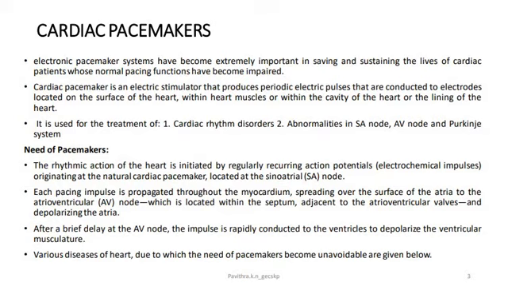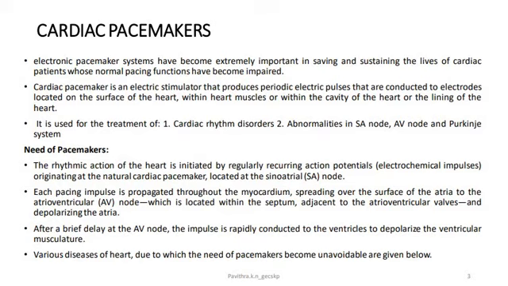Similarly, if the SA node is not functioning properly, what will happen? Usually there is a certain rate at which the SA node generates pulses. What happens if this rate is disturbed? Then also the rate of pumping of the heart will get varied. Okay. So under these conditions, there are various heart issues that may arise.